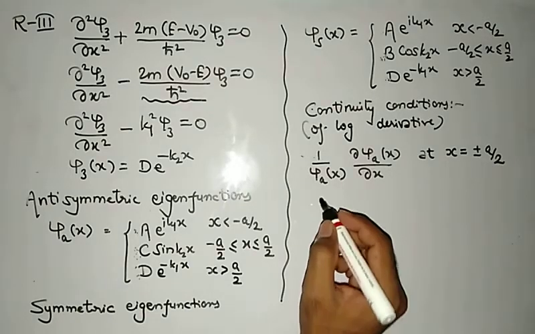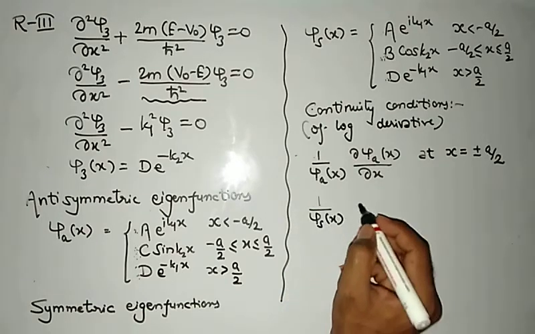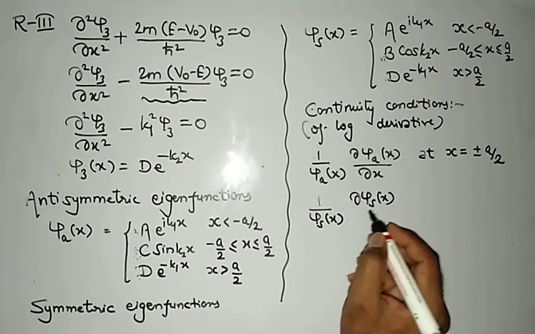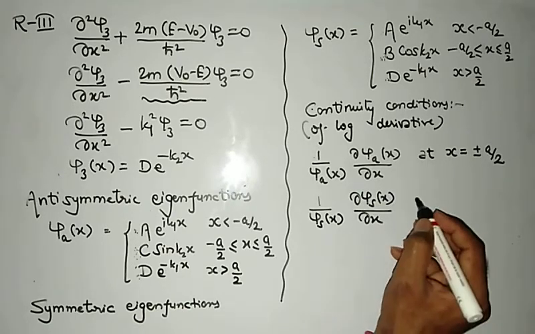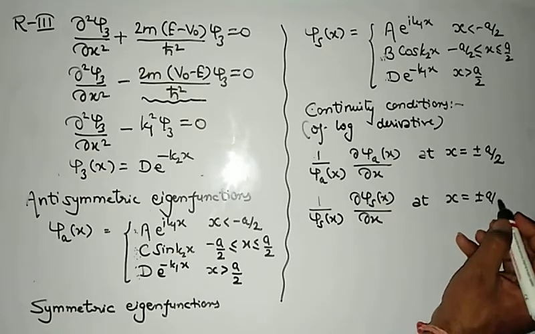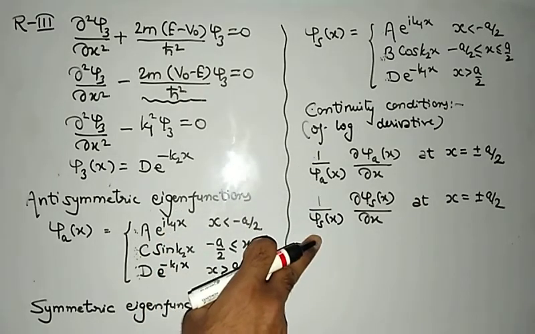And also for symmetric, 1 upon psi sx, deva psi sx upon deva x. This is also at x is equal to plus minus a by 2. This is for antisymmetric, this is for symmetric.